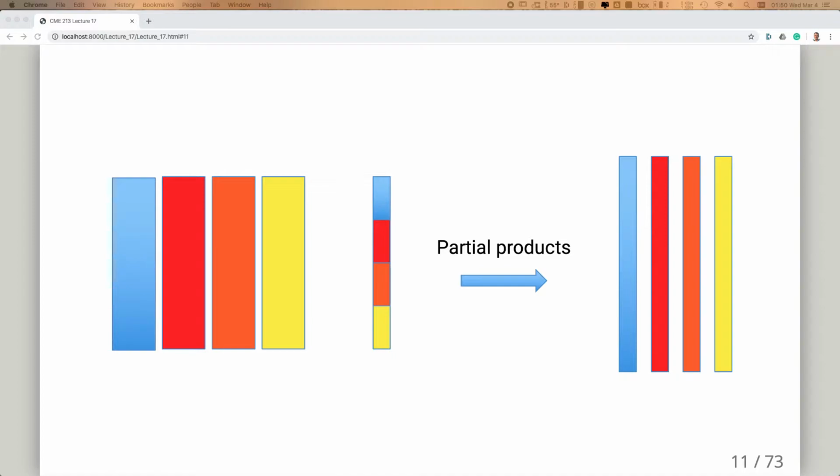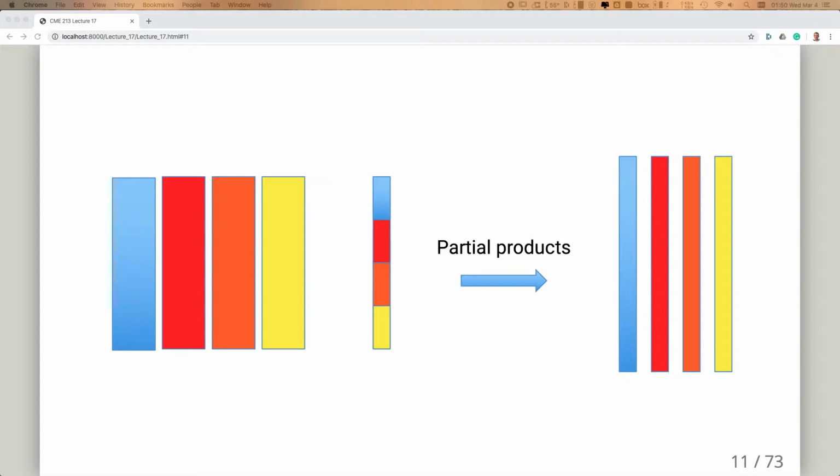You have a bunch of columns, and the entries you have in B exactly correspond to the columns you have. So you can fully do the product, although what you get as a result is just the product for these columns, so it's a partial product.